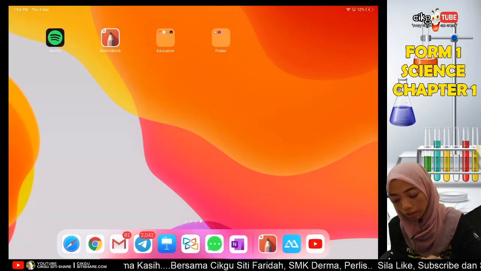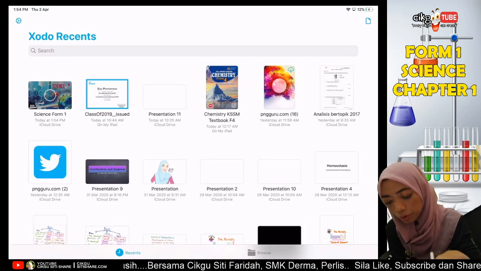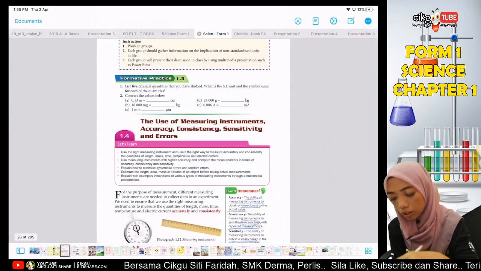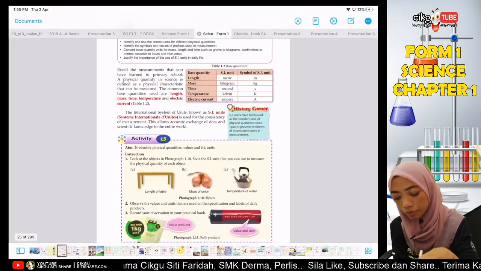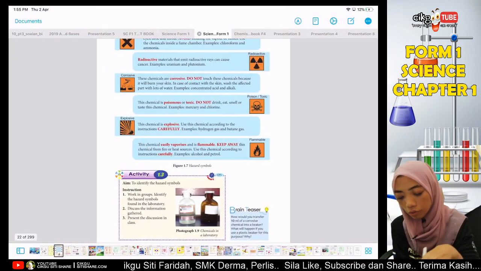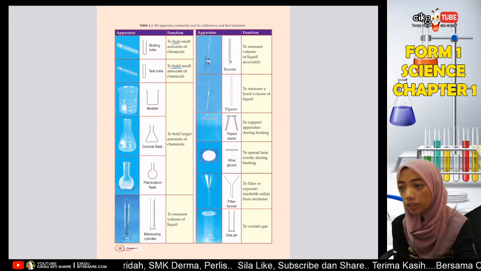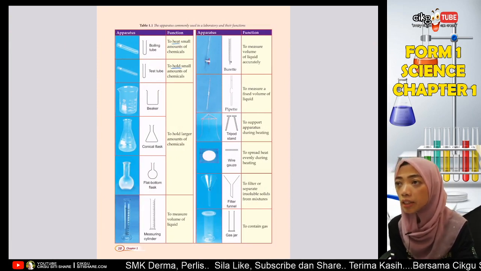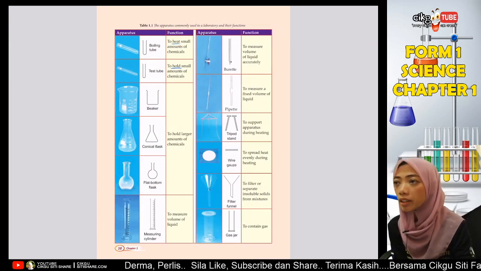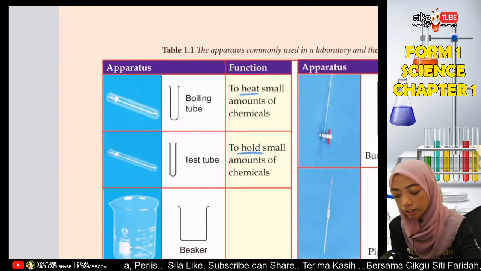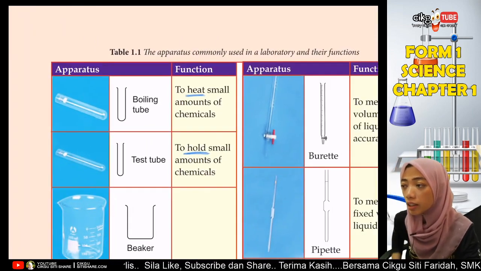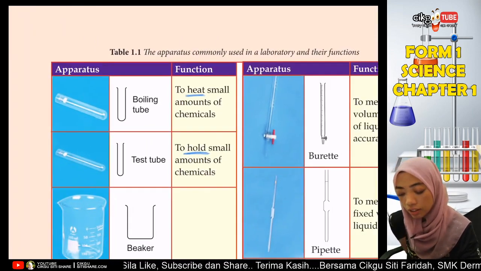Okay, let's review your textbook. This is your textbook. Refer to page 10, the apparatus commonly used in laboratory and their function. This is what I have said earlier.